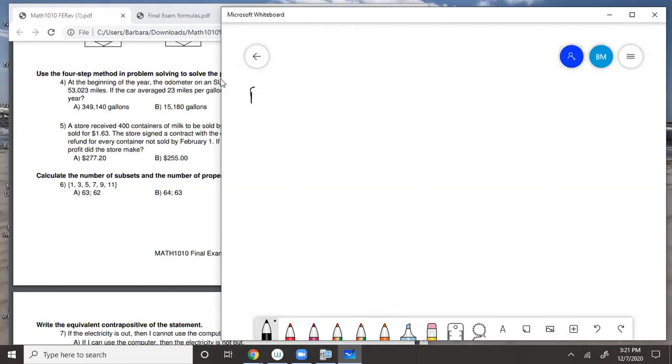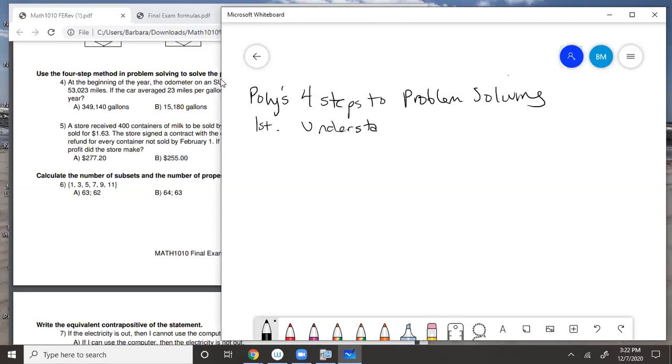Okay, so it's a 4-step approach to problem solving. And the first one is to basically understand the problem. And we do that in a variety of ways. We read the problem, right? And then we read it again.